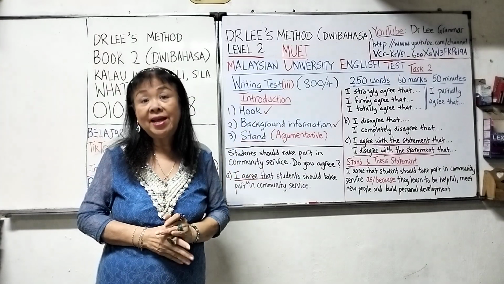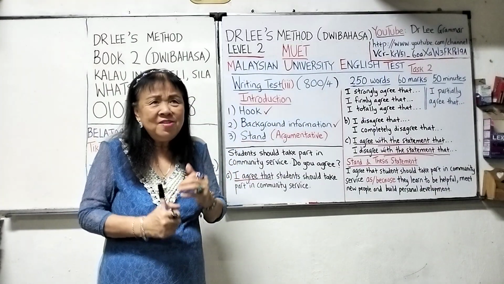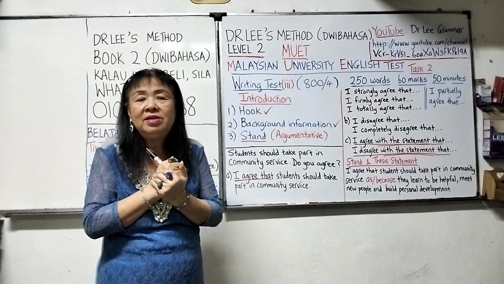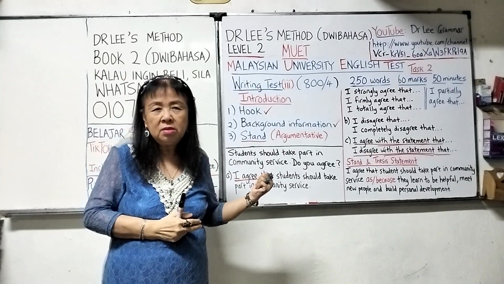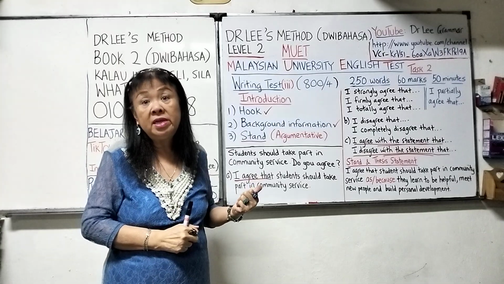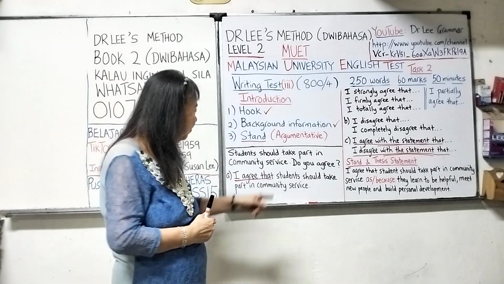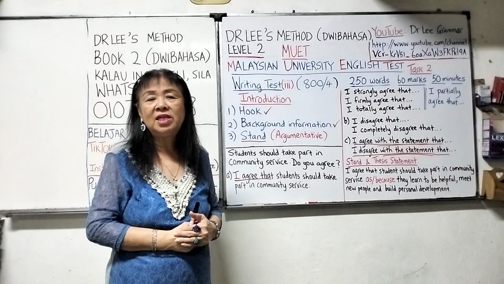Now you can also say it like this. If you really feel strongly about students taking part in community service, you can write: I strongly agree that students should take part in community service.